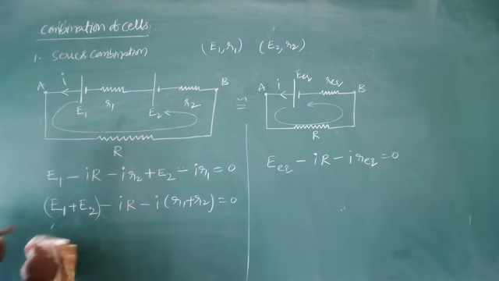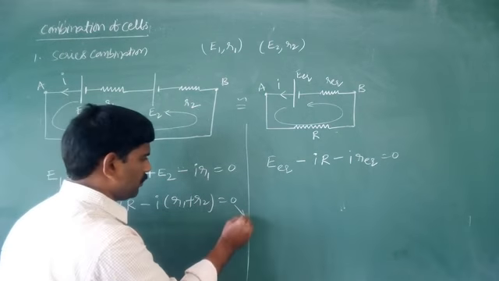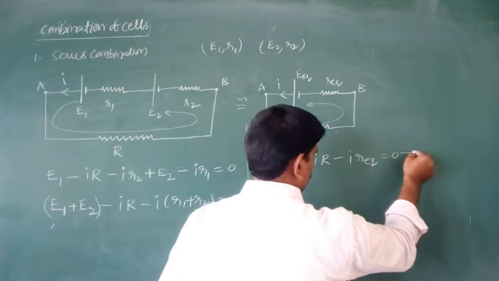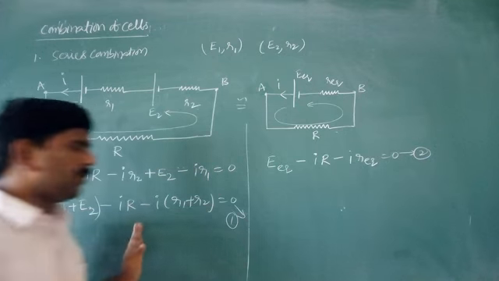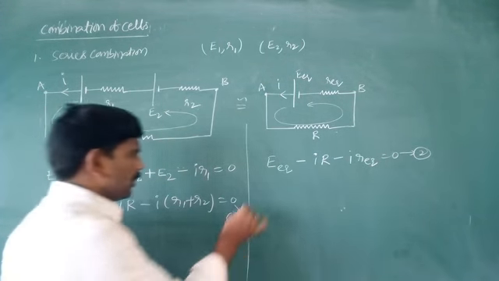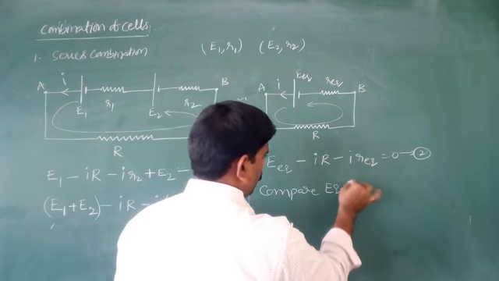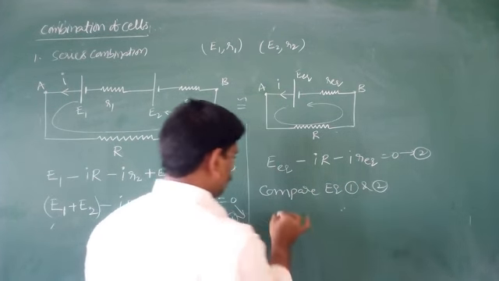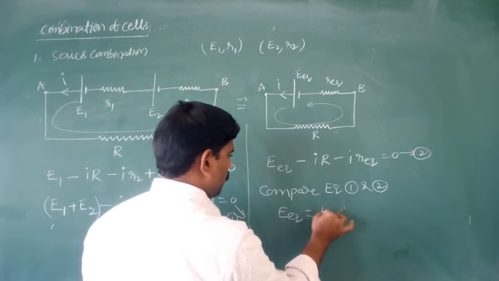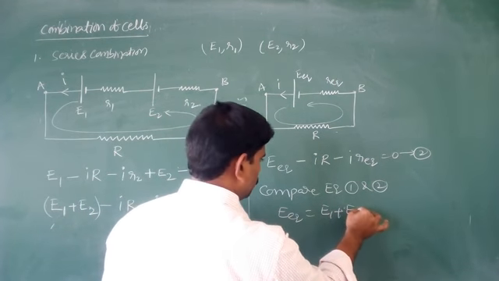Compare those two equations, equation 1 and equation 2. Therefore, E equivalent is equal to E1 plus E2.